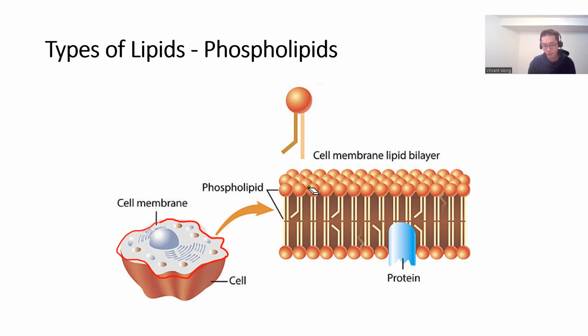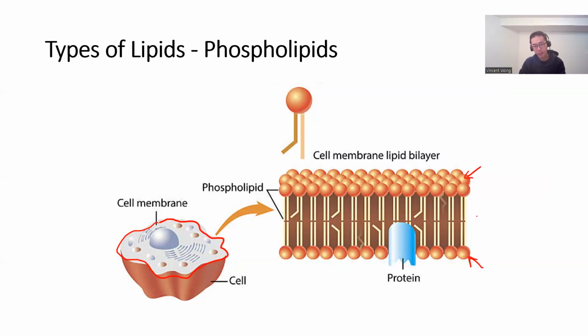All the hydrophilic heads are going to be facing outside or the inside, and then there's a thick barrier in the middle where it's hydrophobic. The best way to visualize this is to think about a sandwich with a lot of peanut butter in the middle. The bread would be like the circle, like the head.